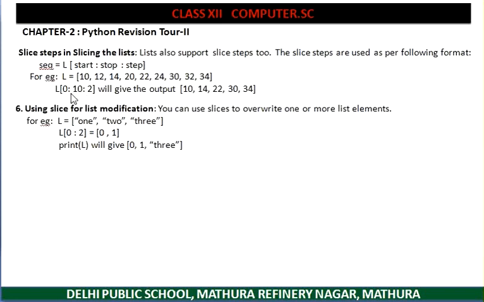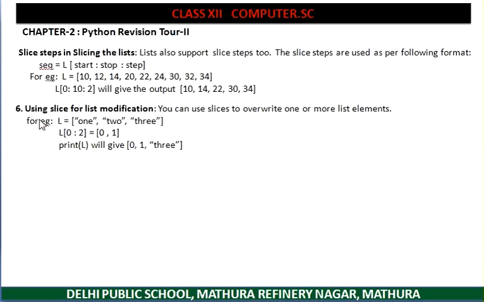It will start from 0, go to 10 minus 1, that is 9, and the step value is 2, so it will print alternate elements and give the output 10, 14, 22, 30, 34. So with the help of the step option you can skip elements.